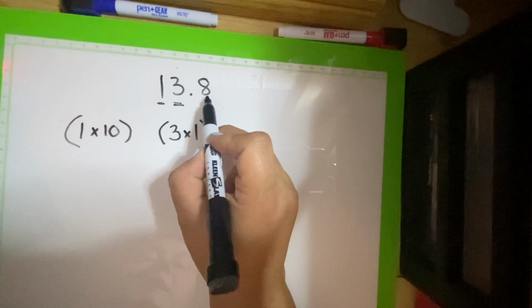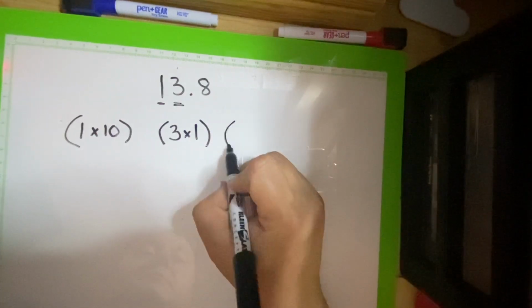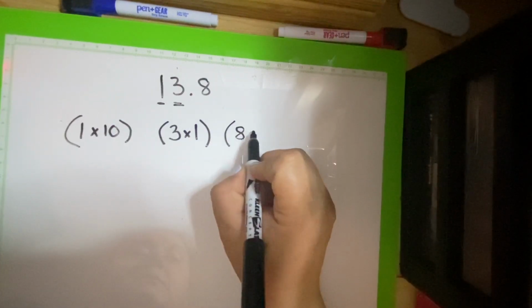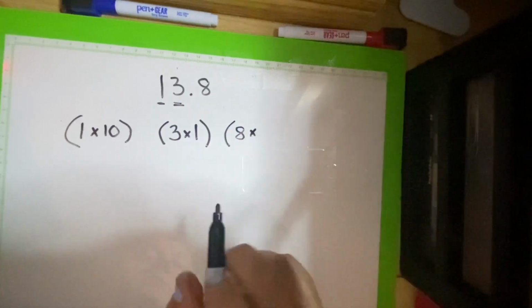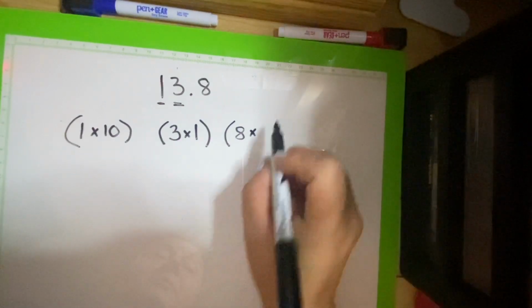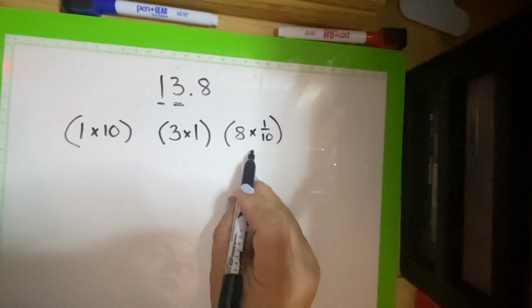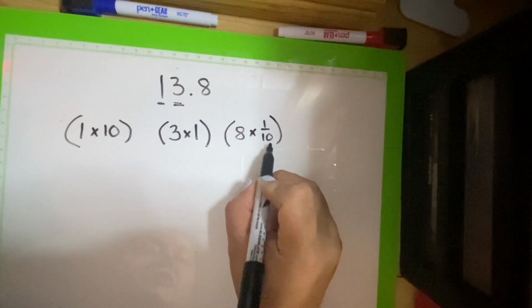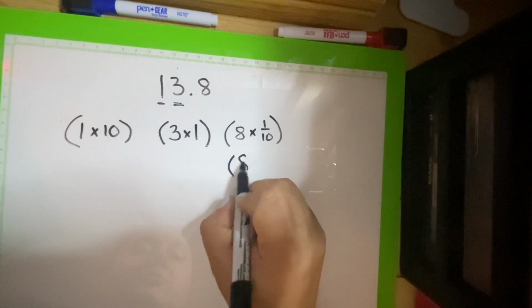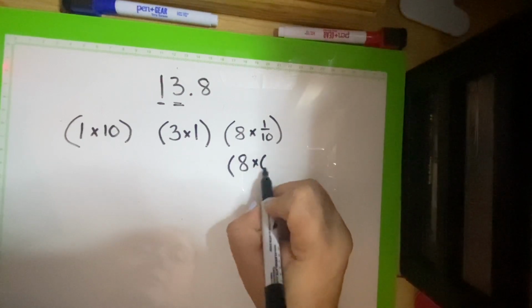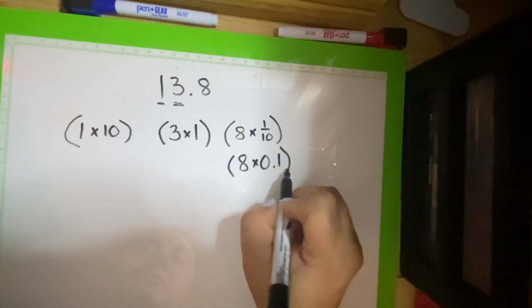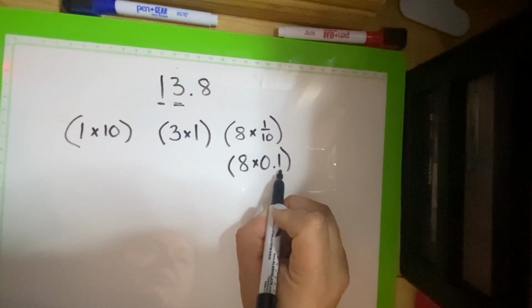And I had 8 tenths. 8 groups of 1/10. Or you can write this in fraction form, 8 groups of 1/10.